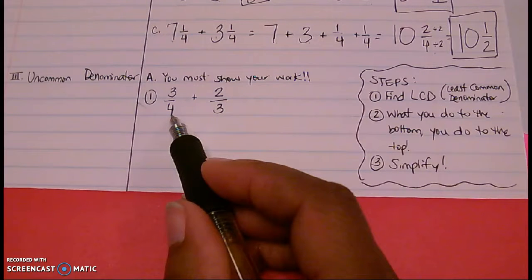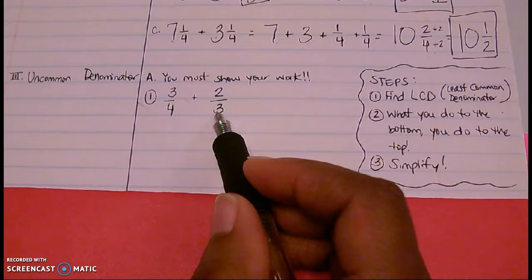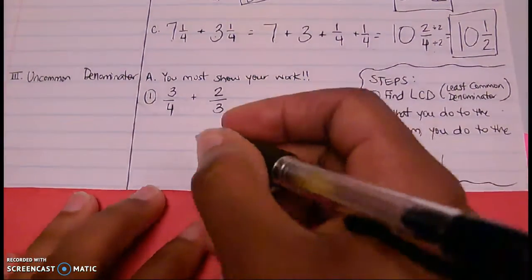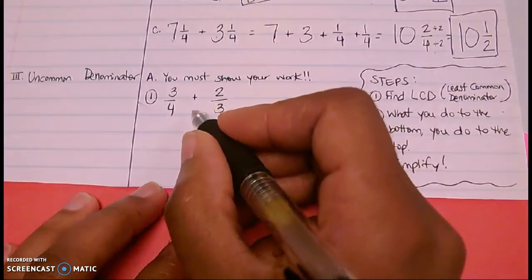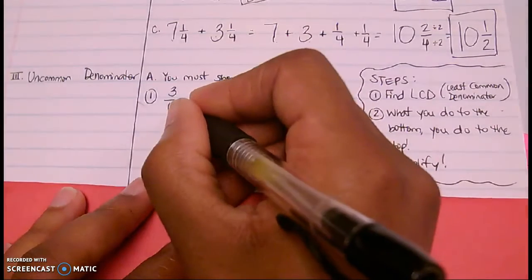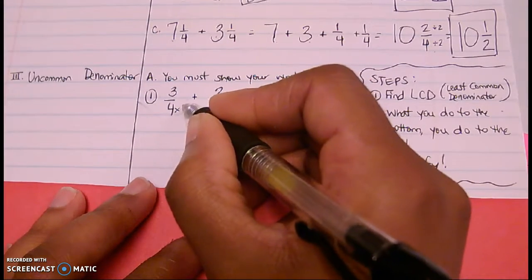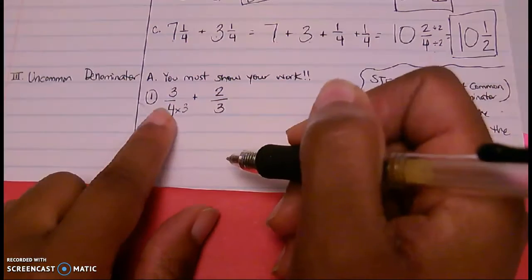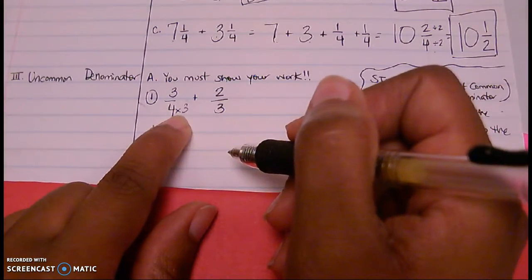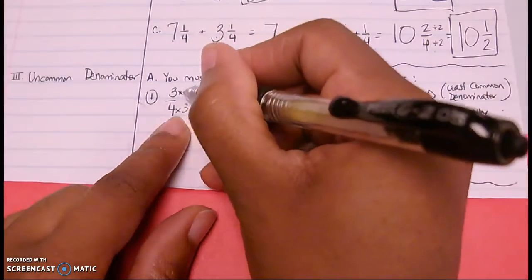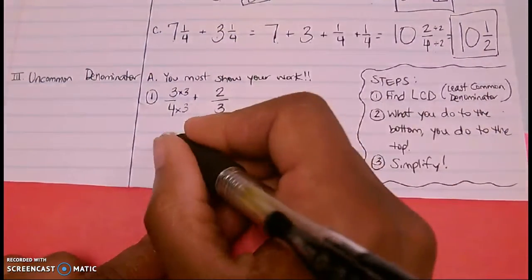So if I think about it, I know that 4 and 3 both have a multiple of 12. And that's going to be the least common multiple that they both have in common. So in order to get to 12, I first have to multiply this 4 by 3. And if I multiply by 3 at the bottom of this fraction, I'm going to have to do it at the top.